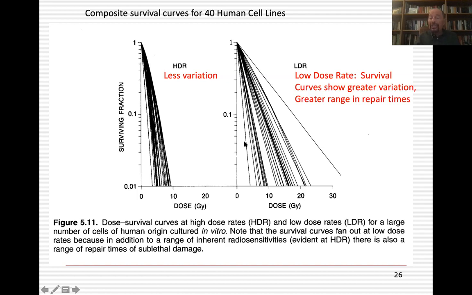When you go to low dose rate, you see the difference better. So somehow irradiation at low dose rate enhances the differences in intrinsic radiosensitivity. This is probably because when you go to intra-track damage, the only thing that matters is how well the cells can repair the damage. So the intrinsic radiosensitivity becomes clearer at low dose rate rather than high dose rate. This is over 40 human cell lines irradiated.